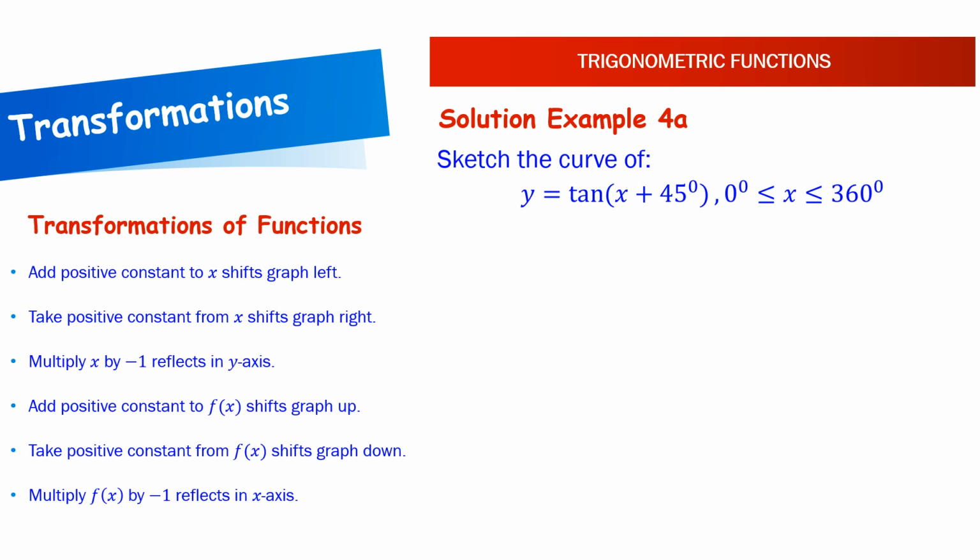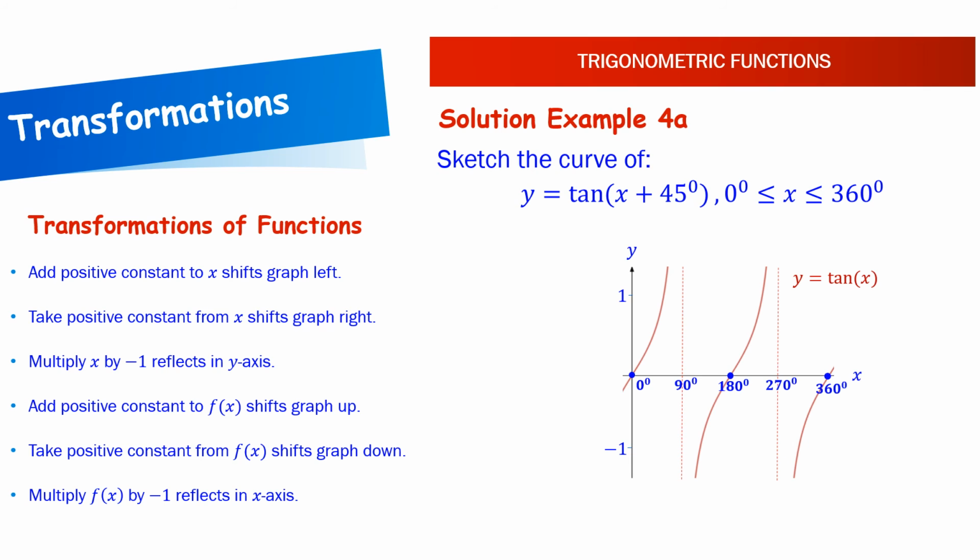So let's solve example 4a. We are required to sketch the curve of y equals tan(x plus 45 degrees) for x in the interval 0 to 360 degrees. Here's a graph of tan x. Clearly, we have added a positive constant to x.